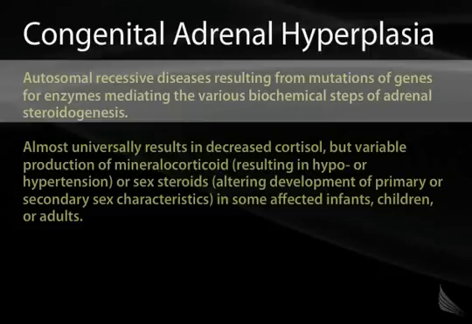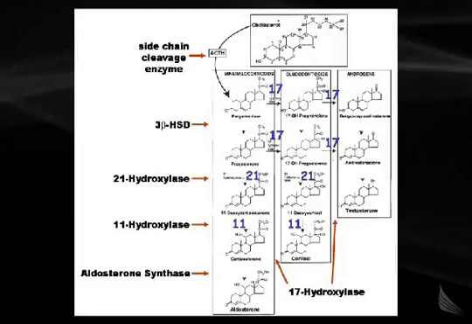So that's why it's important to have some understanding of what the rate-limiting enzymes are, as shown in this slide. The important enzyme in this whole process is 21-hydroxylase, because number one, it is the most common cause of congenital adrenal hyperplasia, because this is a very common enzyme that gets affected.